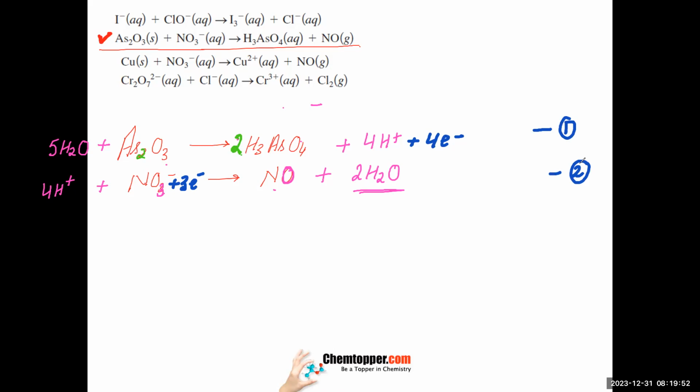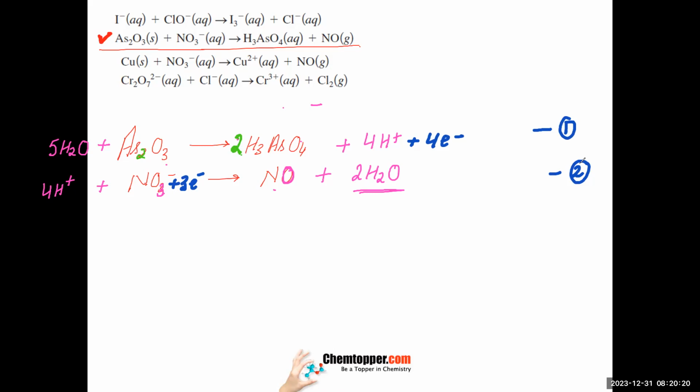Oxidation is loss of electrons. Electrons should be on the product side. Reduction is gain of electrons. So electrons should be on the reactant side. So Dhruv and Saranya is saying that first is oxidation. Sanjana, you're not answering, dear? Yes, okay.